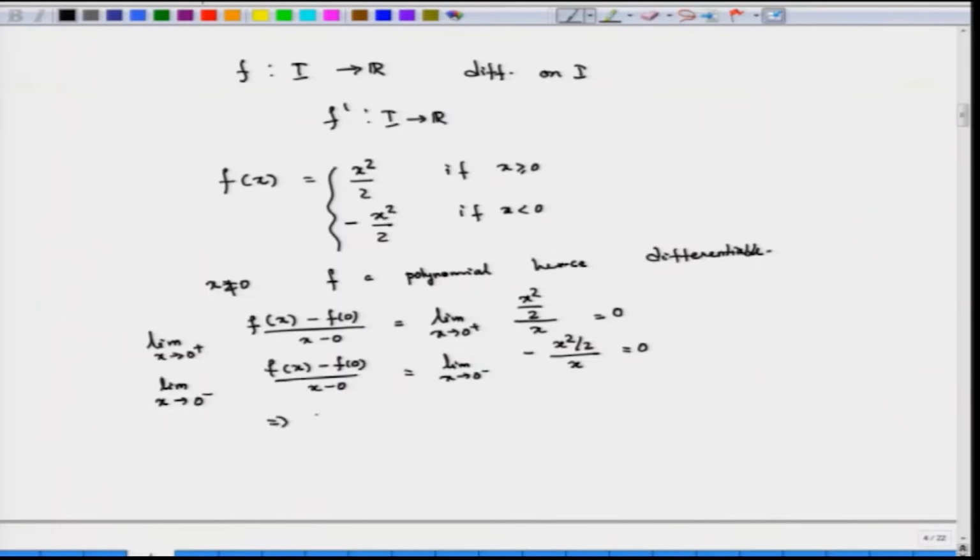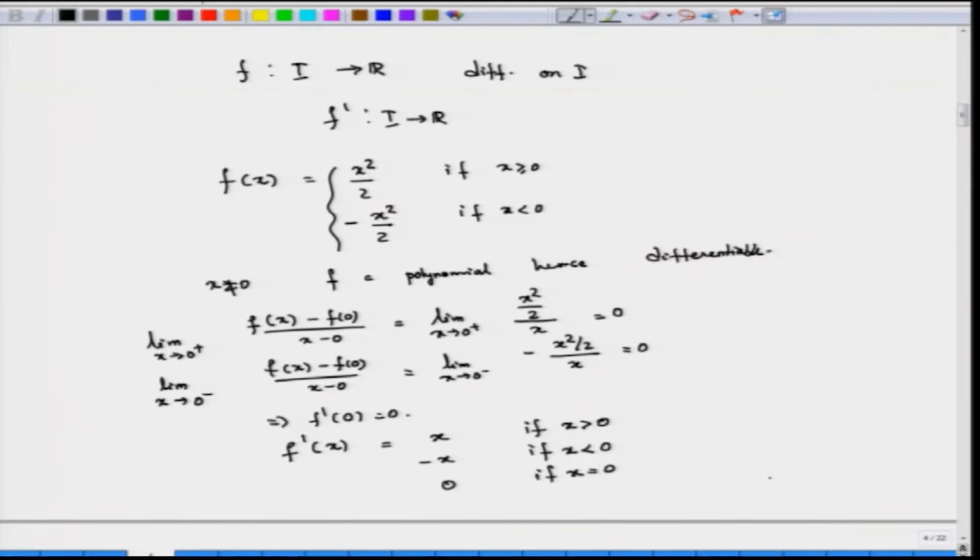Then f prime of x is equal to x if x is greater than 0, minus x if x is less than 0, and 0 if x is equal to 0.